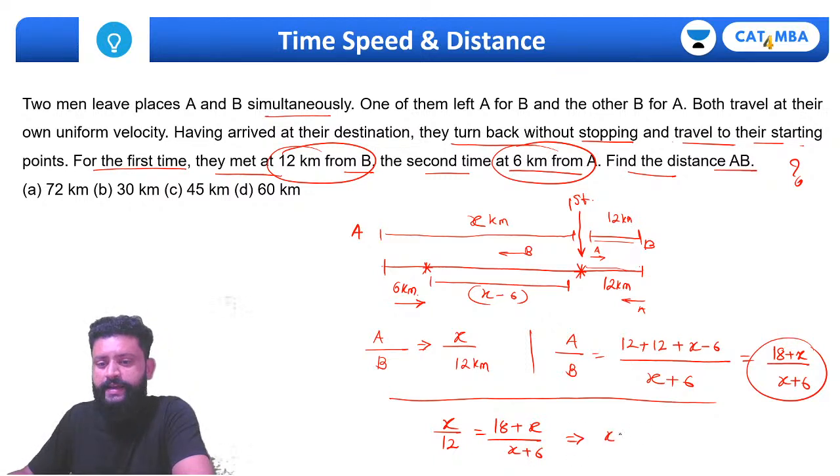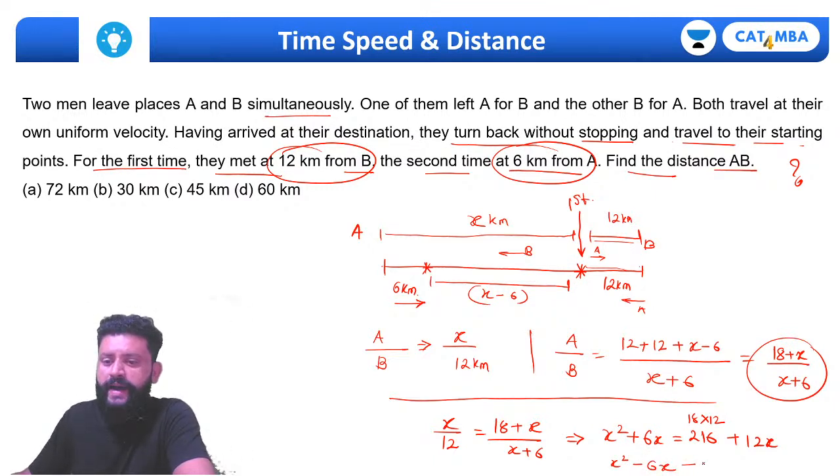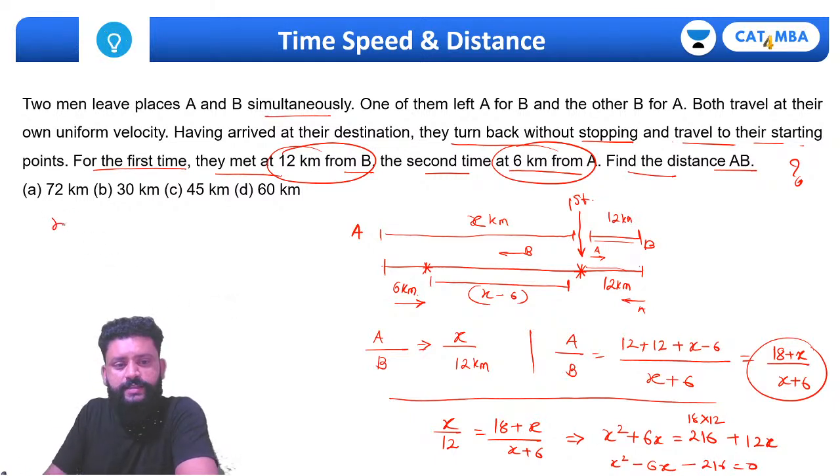If you solve this, you will get x square plus 6x must be equal to 18 into 12, which is 216, plus 12x. So we are getting the equation as x square minus 6x minus 216 is 0.